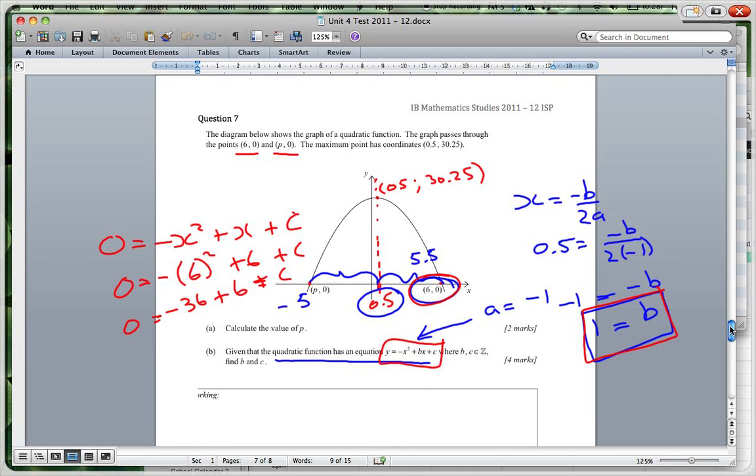So this becomes negative 30. Take it over to the side, it becomes plus 30 is equal to c. So we've got b is equal to 1 and c is equal to 30. Like that.